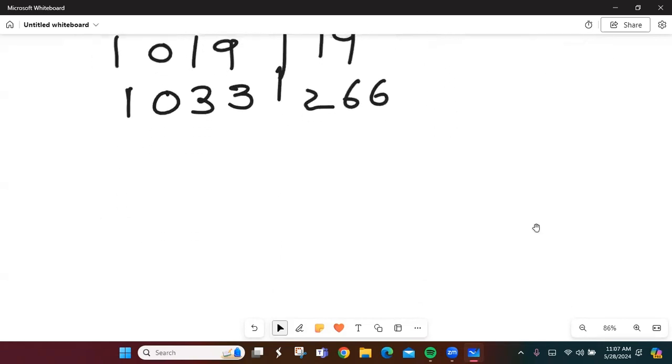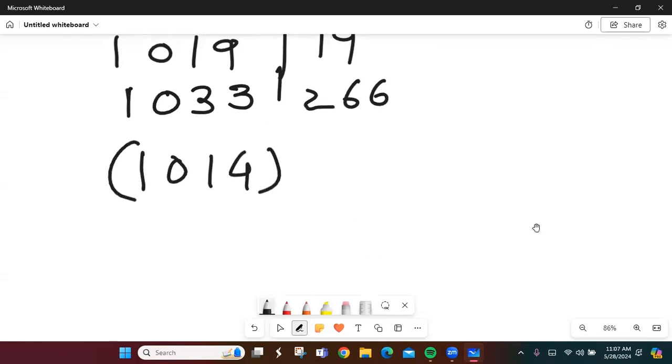Let us take one more problem. Suppose I want to find out the square of 1014. Now, obviously, I have to take a base which is very close to the number.